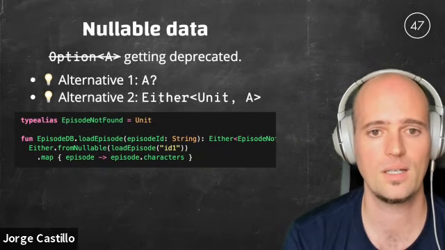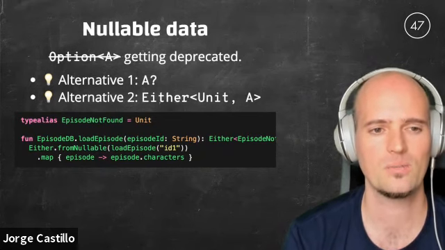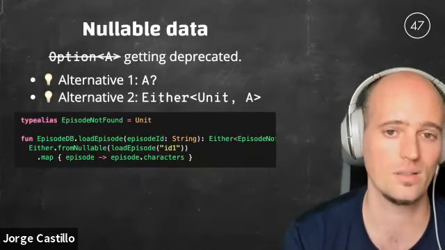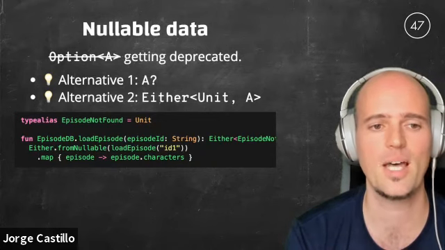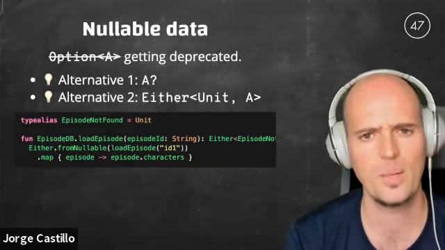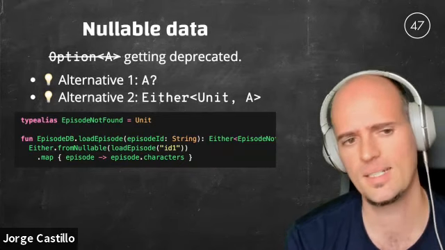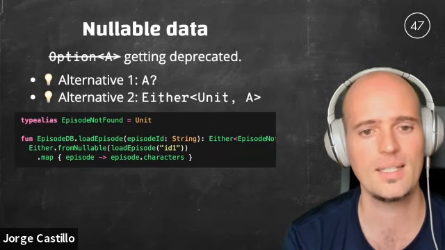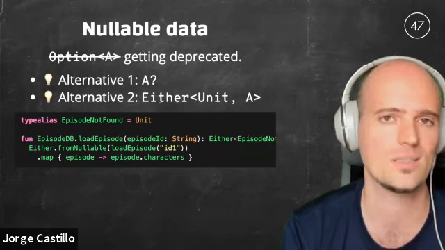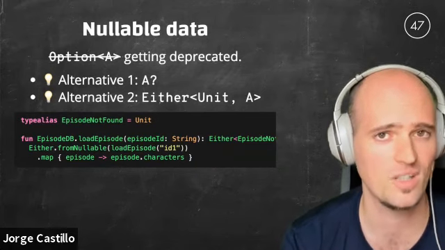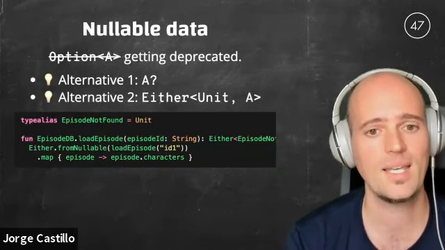But we decided that there was some redundancy there because you already have the Kotlin nullable modifier. So you can use that one to work directly over nullable values without any sort of wrapping. But if you want to use the Option-like style, which is monadic, meaning that it provides methods like map, flatMap, so it's probably better for compositionality, then in that case, you can use Either.